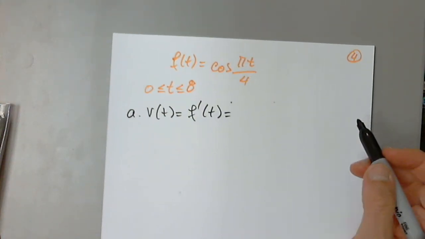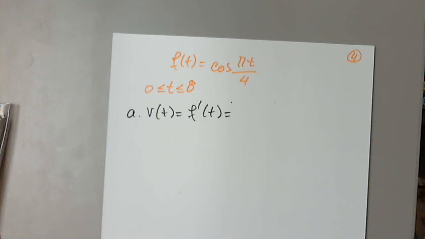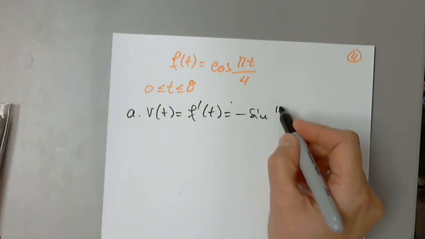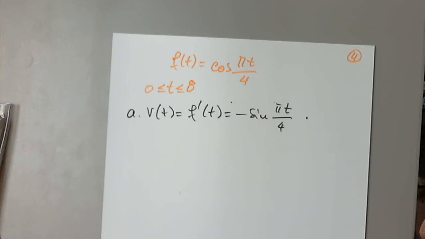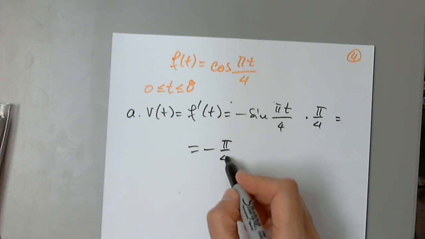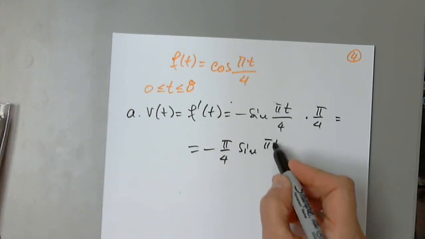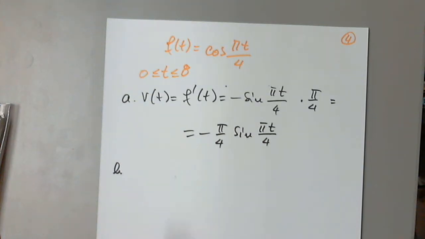Can anyone give us the derivative of cosine pi t over 4? Negative sine, very good. Negative sine pi t over 4 times pi over 4. So this is negative pi over 4 sine pi t over 4. Agreed? Good. Part B, what do they want now?